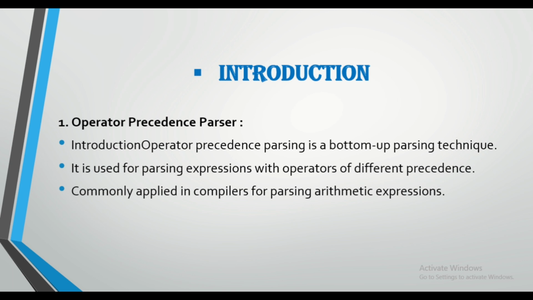It is particularly useful for parsing expressions that involve operations with different precedence levels like plus, multiply, minus, the arithmetic operations basically. It is commonly used in compilers to handle arithmetic or logical expressions, and it's simpler than other parsing techniques like LR or LL for certain grammar types.